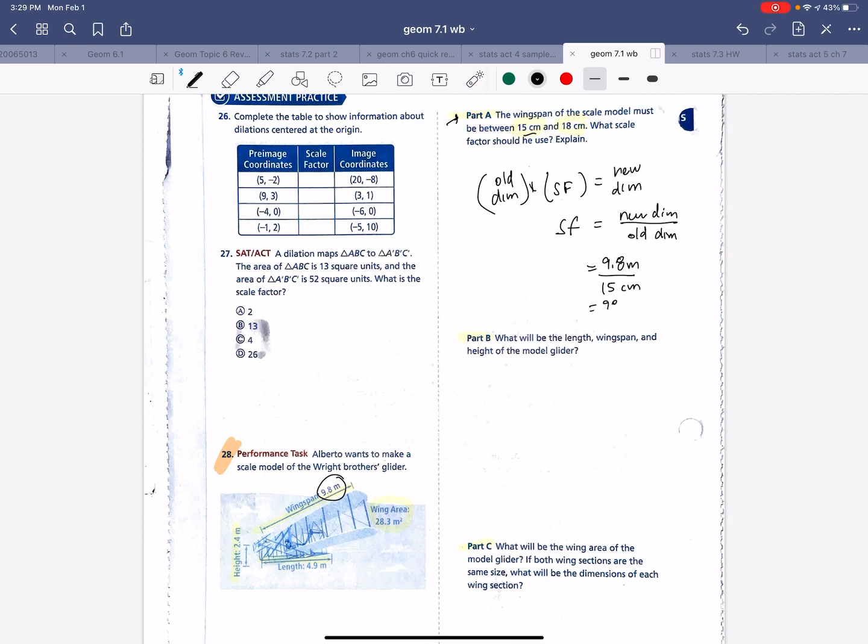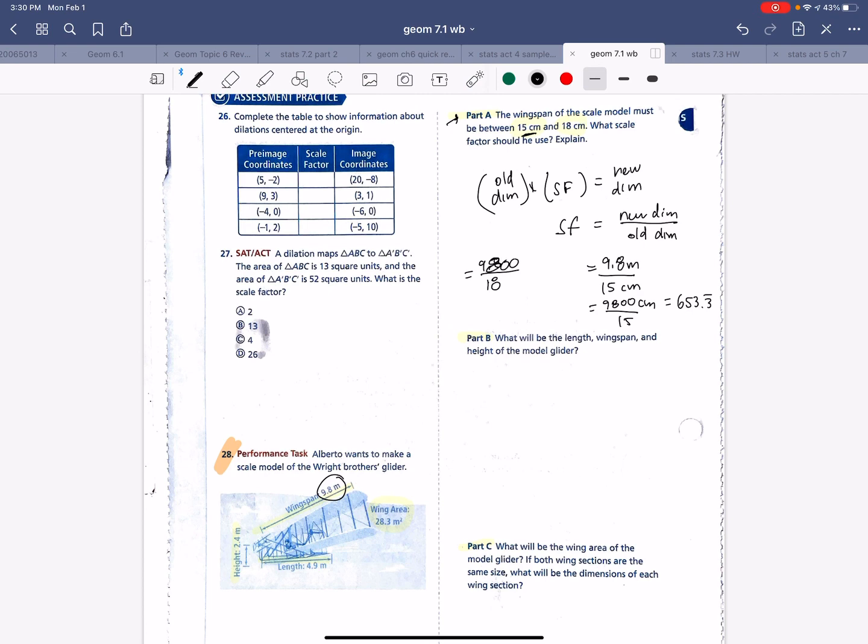Now I could turn that into centimeters. So that's a scale factor of 653.3 repeating. Now it said I could use anywhere between 15 to 18. So if I did the same thing, but I put 18 centimeters.